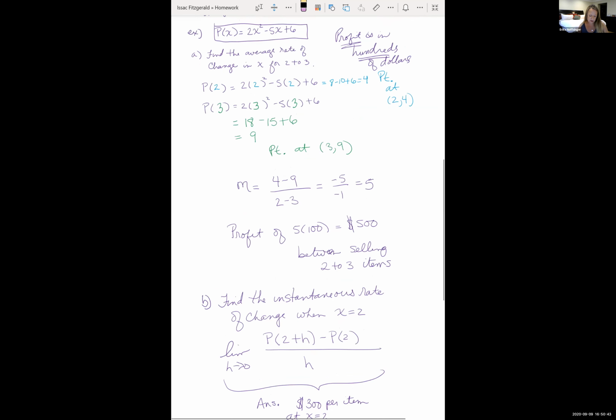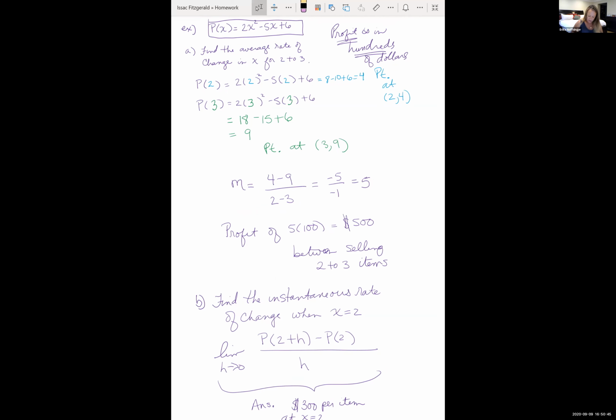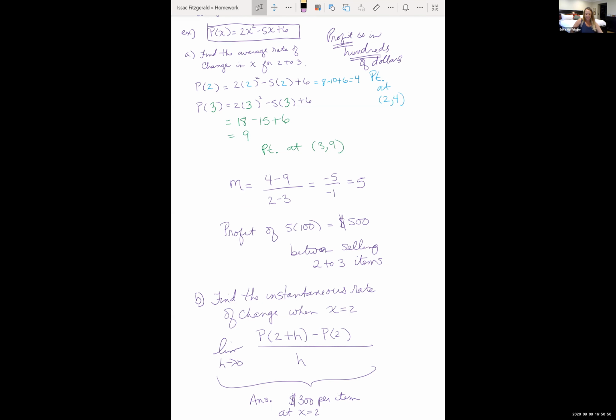So the profit would be $300 if we're going to sell an additional item when x is 2.